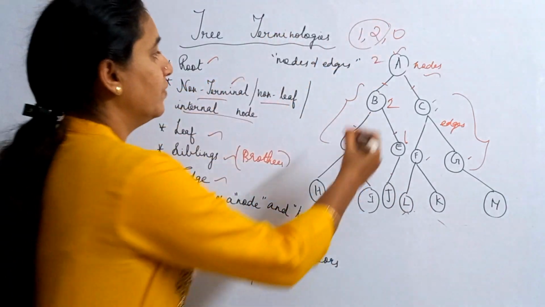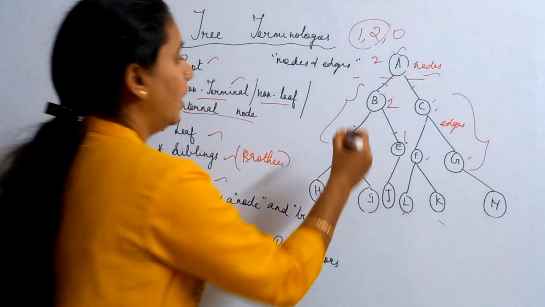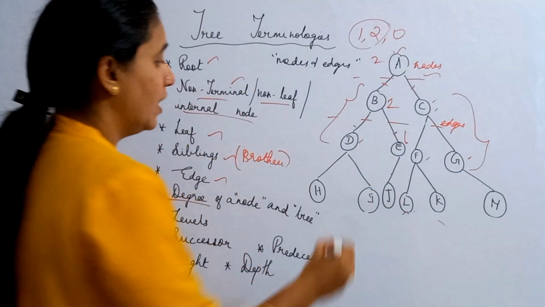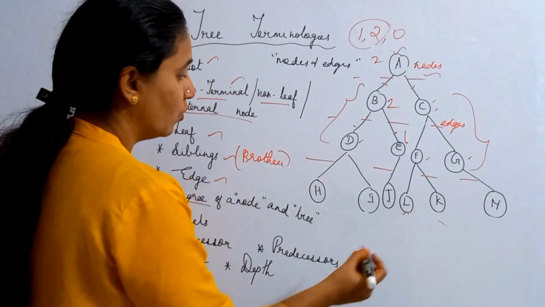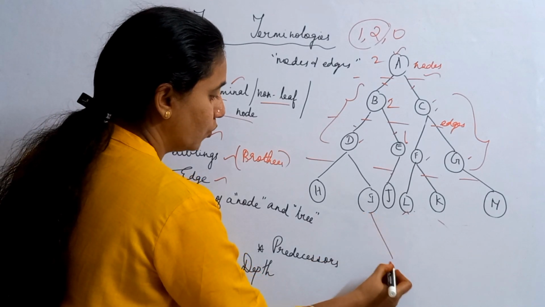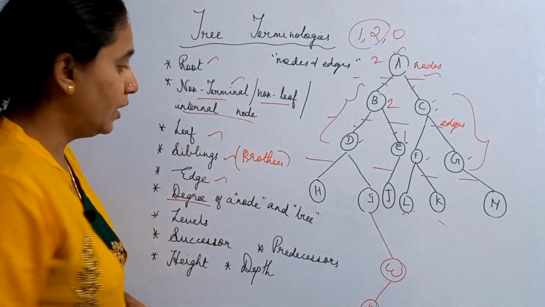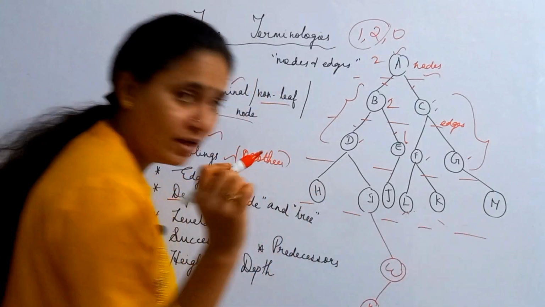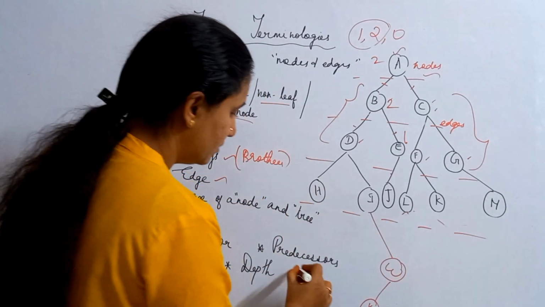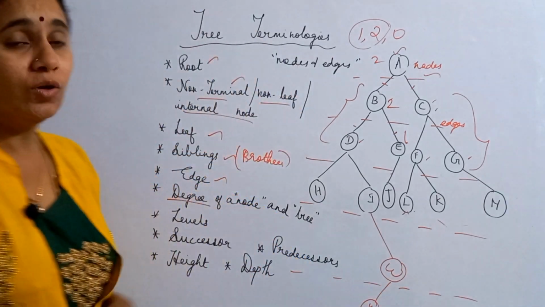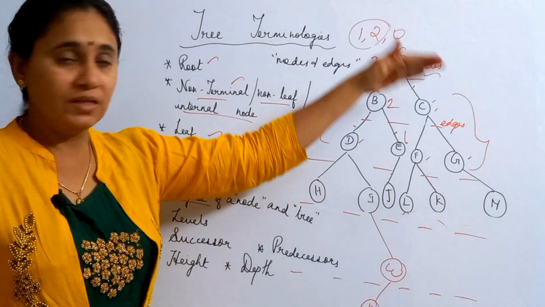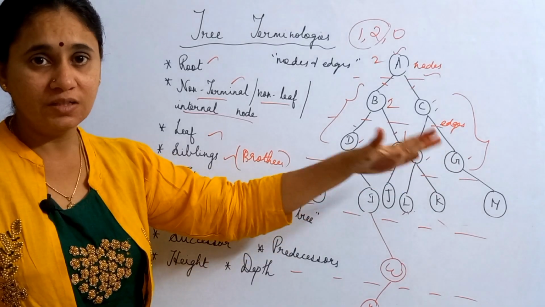So this is one level, and this is another level, and this is another level. For example, if it is growing like this, W, X, this is one level, then this is another level. The total number of stages present in a tree is called the levels.